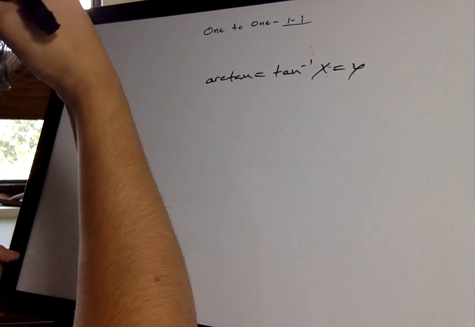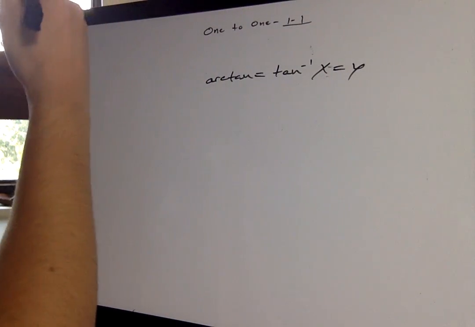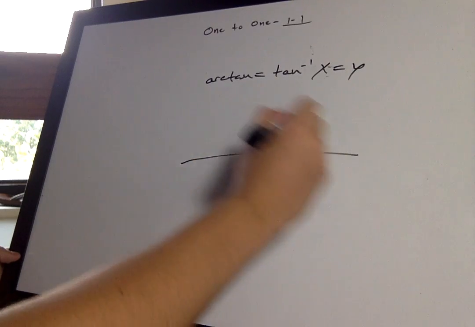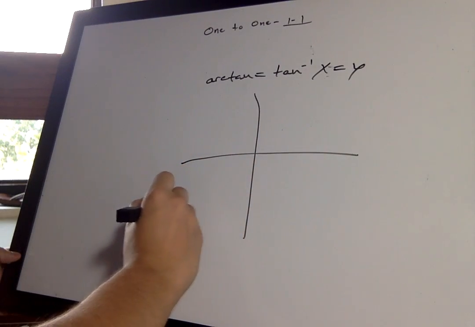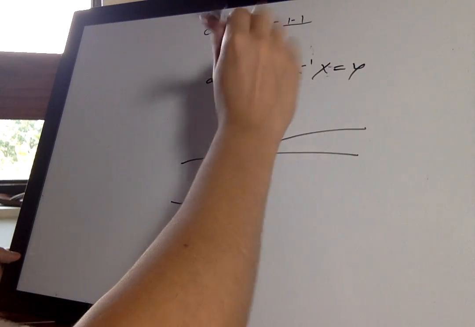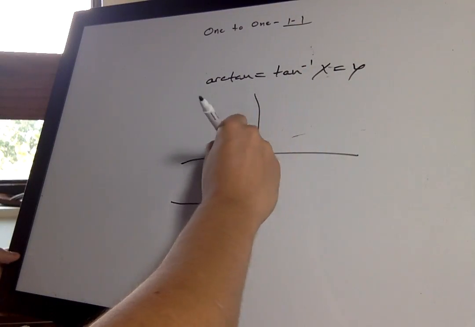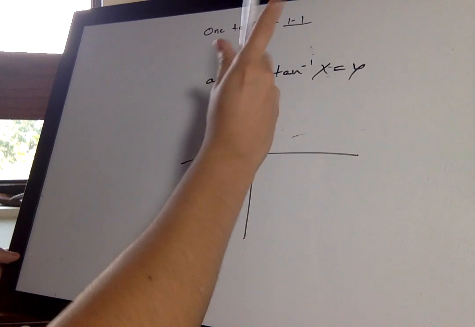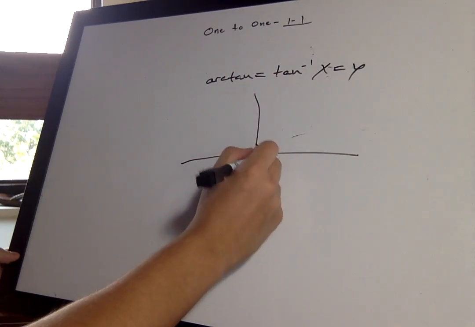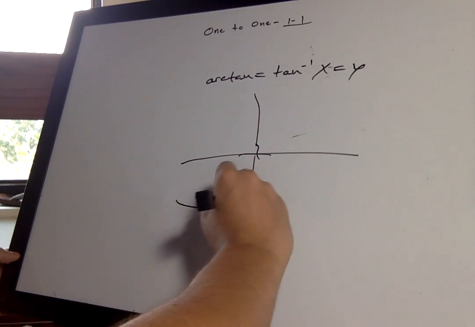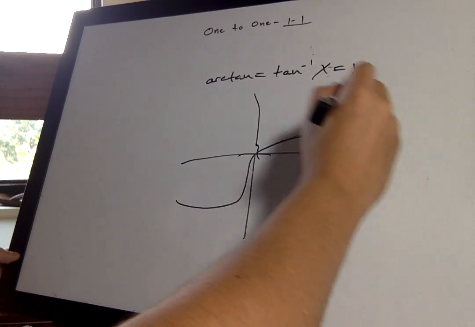The way this would actually be graphed, since it's the inverse, would look like this. It would go down, then curve up.